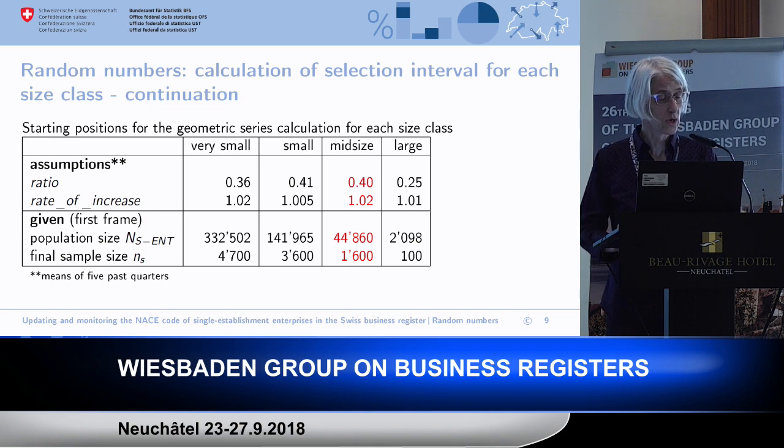The ratio is needed for the M1 and the rate of increase is needed for the Q. Then we have the first frame with its given numbers, the number of the single establishment enterprises and our final sample size. We see that the very small enterprises are a huge number in comparison to the other size classes.